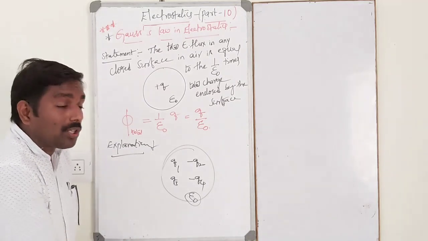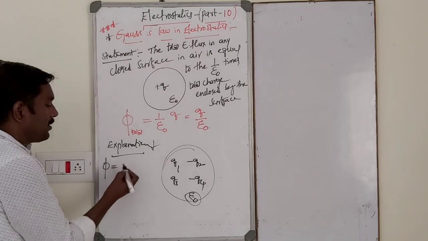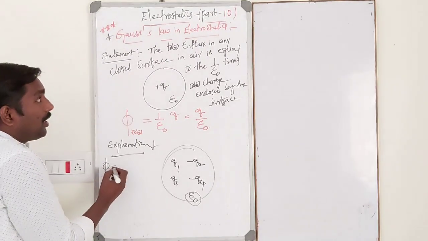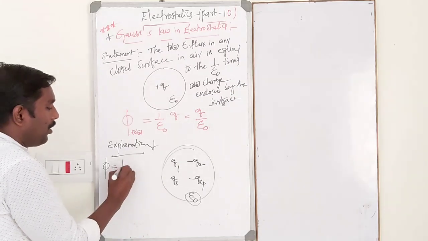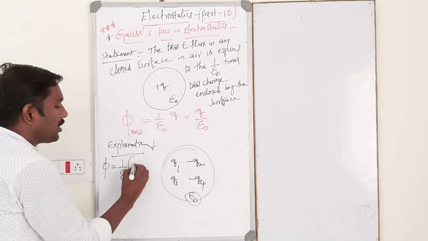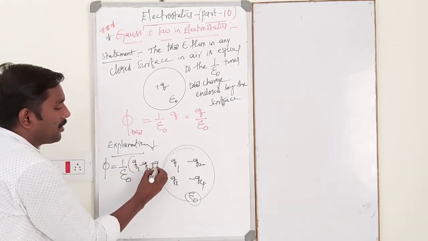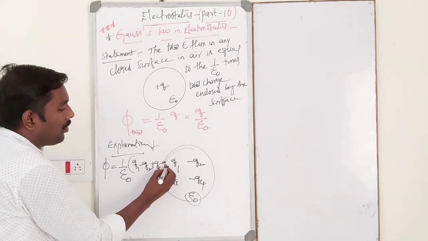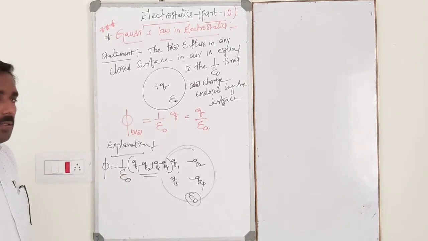I want the total electric flux in the surface. Total electric flux in any closed surface in air is equal to 1 by epsilon naught times total charge. Total charge is Q1 minus Q2 plus Q3 minus Q4. That is the Gauss law.